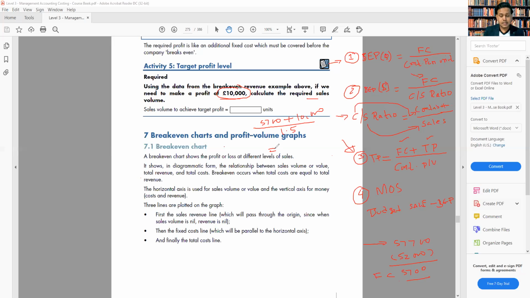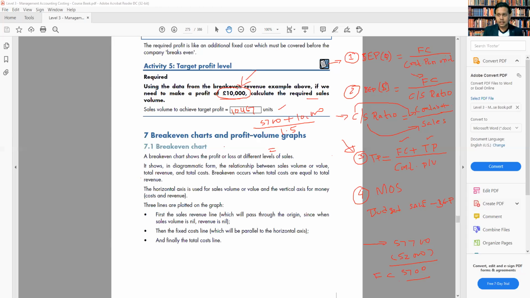So 5,700 plus 10,000, that is 15,700, divided by 1.5, and that will give you the units, and it is 10,467 units. Thank you, Nazia. So this is the number of units we have to sell in order to get a profit of 10,000 pounds.